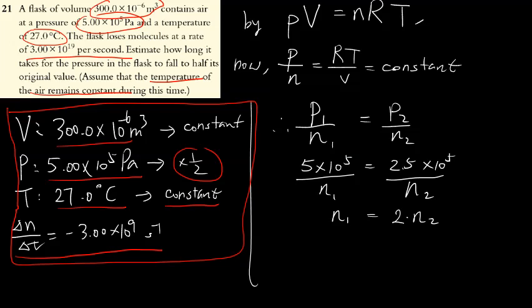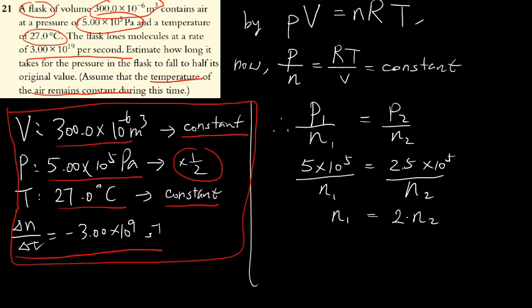For the volume, although the question did not say that, you should also know it's a constant because it's a flask. The flask should not be collapsing or expanding because normally it's made of glass.